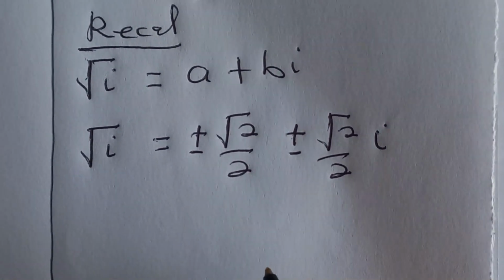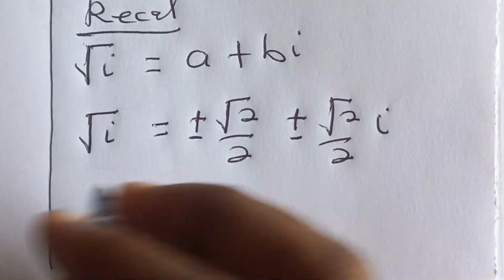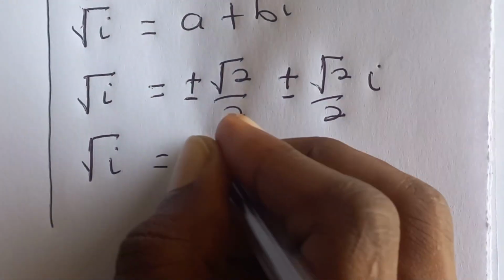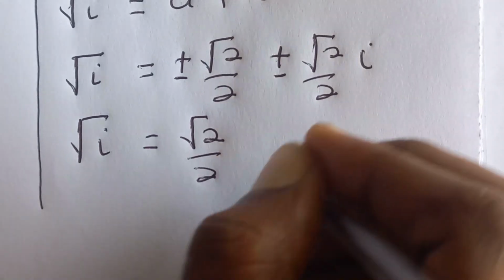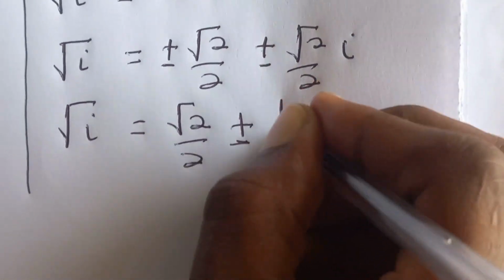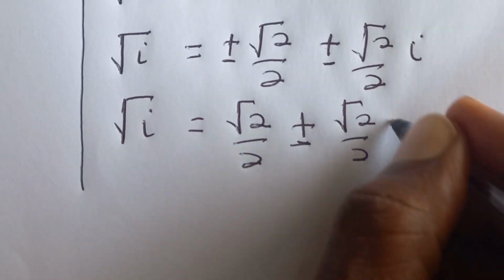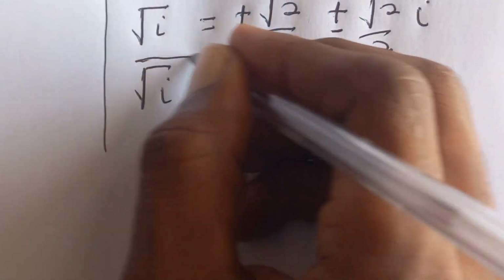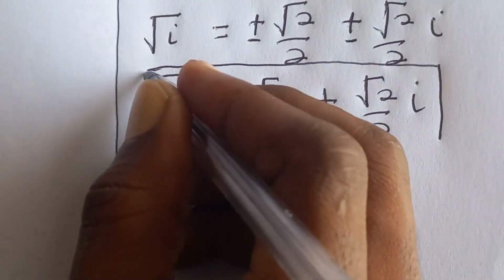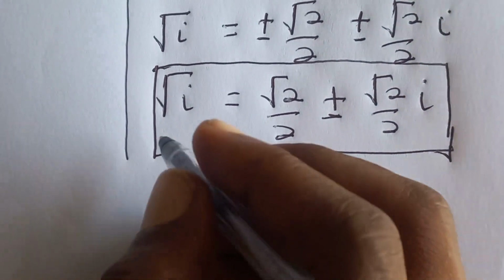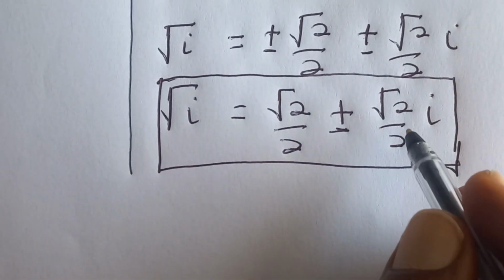So we can say that the square root of i is equal to root 2 on 2 plus or minus root 2 on 2 i. So this is our answer for the expression.